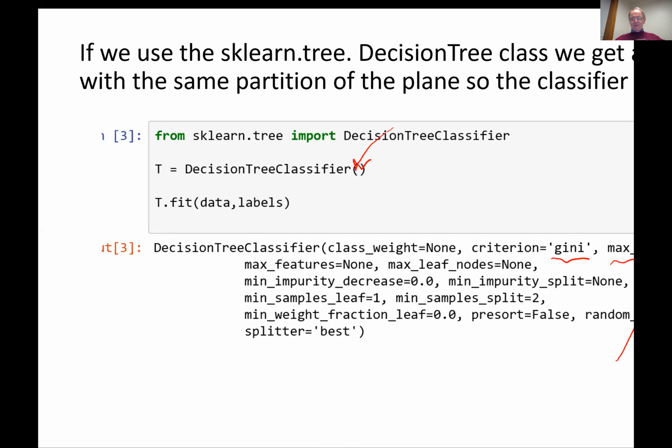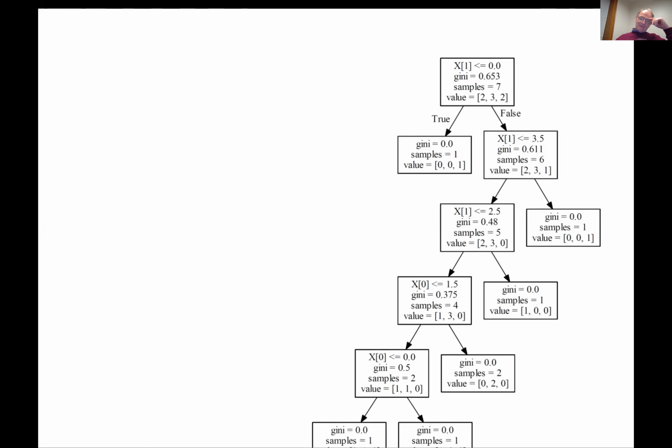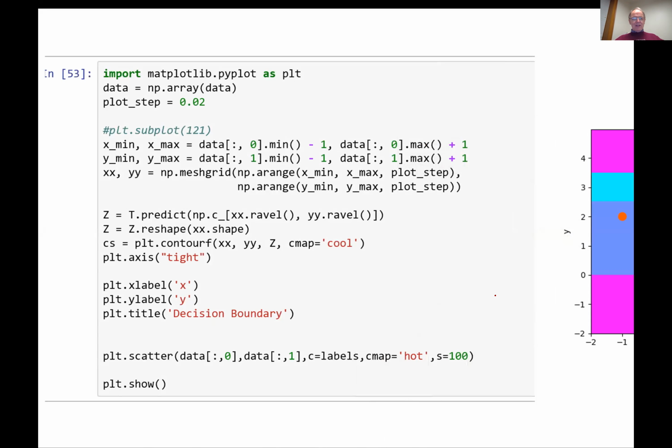Here's just a picture of each. In sklearn, you can also make a picture of the tree you get, and this is the tree here. You can see it's exactly the same one we got before. It splits at x1 is 0, and then splits in these nodes at 3.5, 2.5, and x0 at 1.5. So this is exactly the same tree that we got doing it by hand.